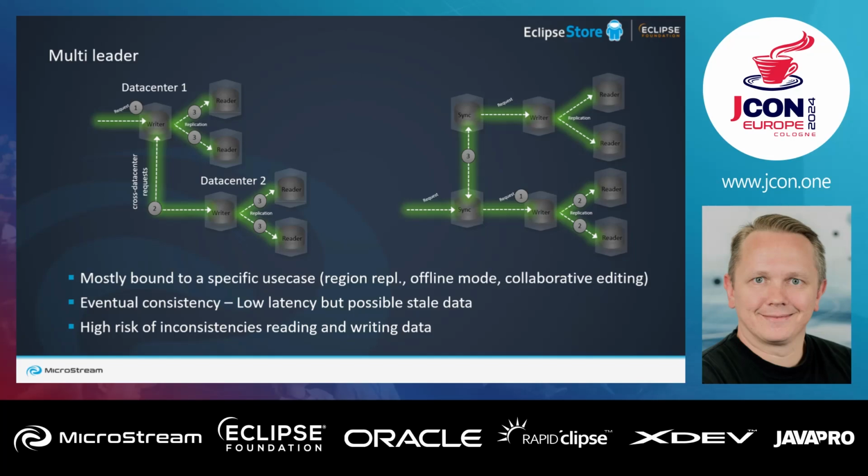For example, with, what is the name? Doesn't matter. Whenever you edit a Word document with two concurrent users at the same time, we're talking about multi-leader at this point. This solution is always eventual consistency.